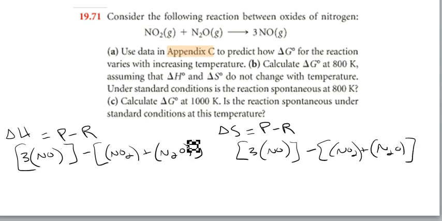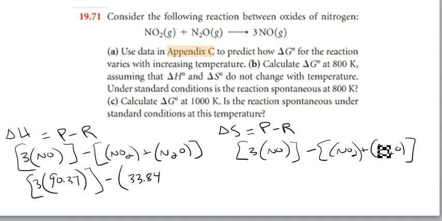And so in our test problem this would be given to you directly, but if you look these values up, the NO value is 90.37. So do 3 times 90.37 minus NO2 is 33.84 and 81.6.